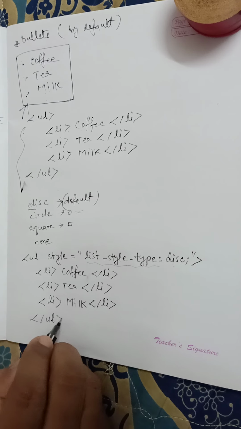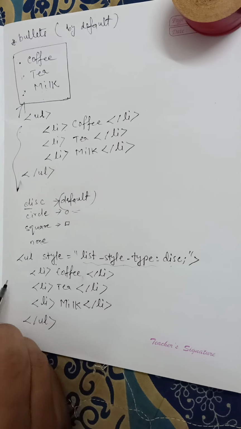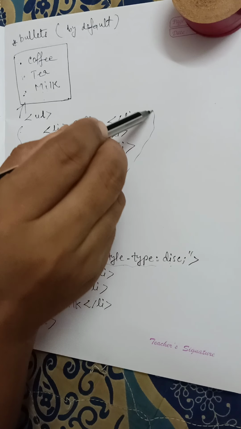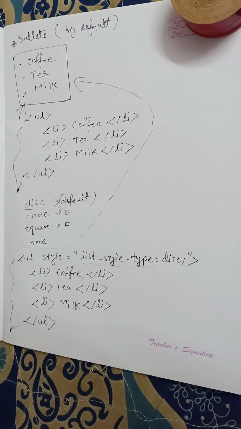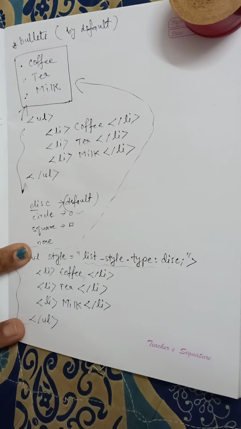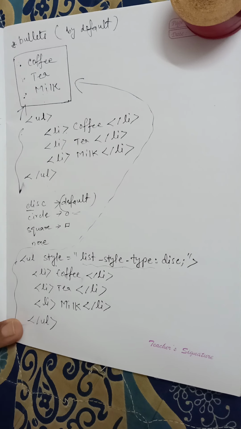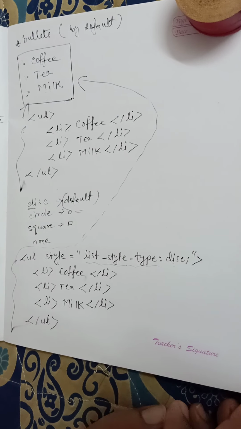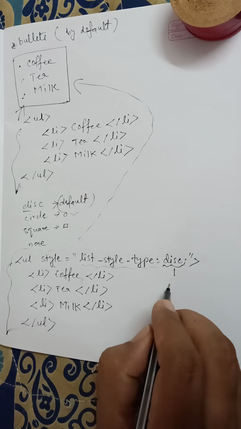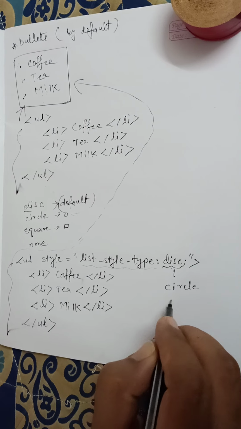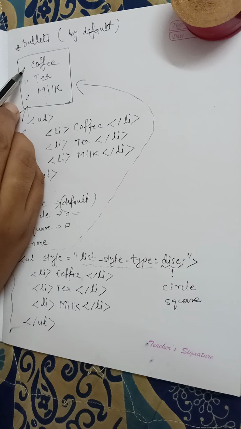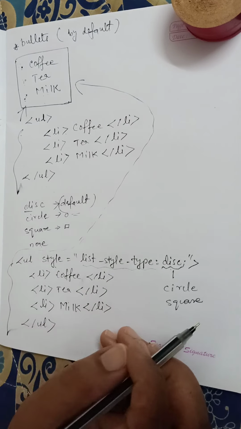And finally I am closing my UL tag. Okay, so this set of code also will be giving me this output. So this code gives me this output and this code also gives me the same output. Clear? Similarly, if I want circle or square, just instead of disk I can write circle or square. So in this output only this bullet mark will change.